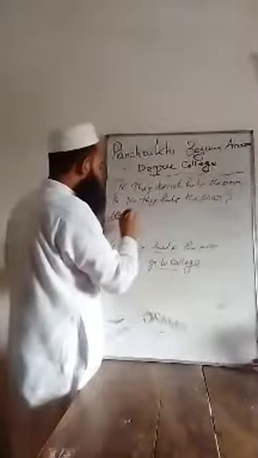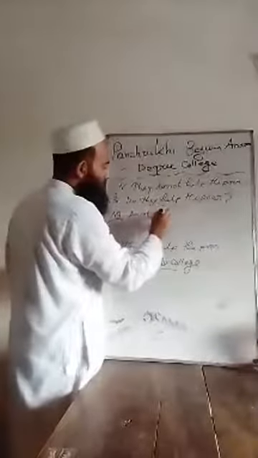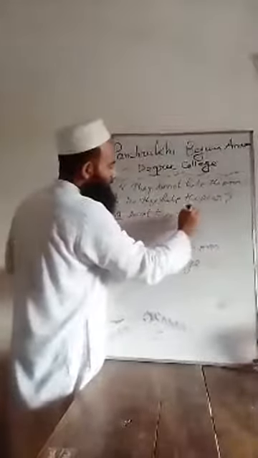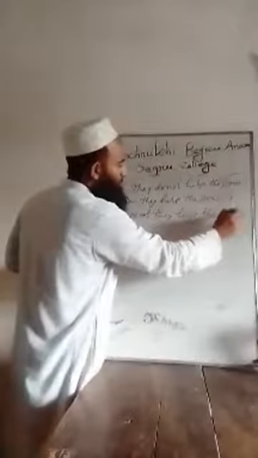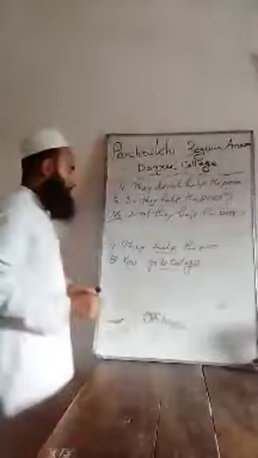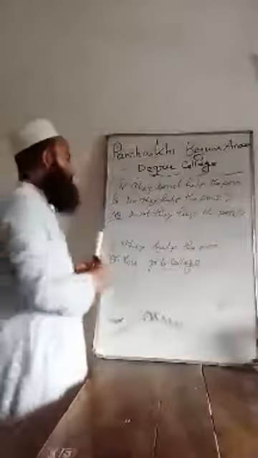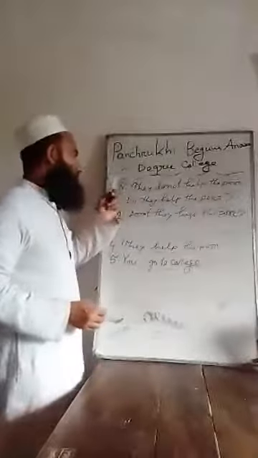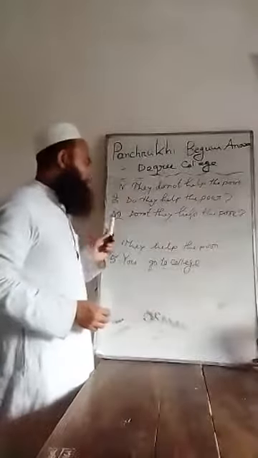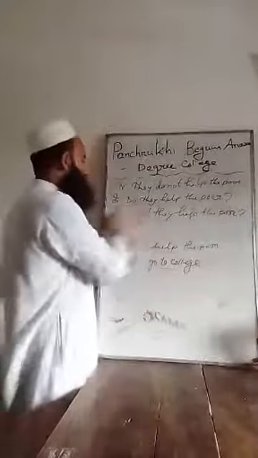Negative interrogative form: don't they help the poor? This is negative, interrogative, negative interrogative. This is called conversion of sentence. We think this is transformation of sentence.